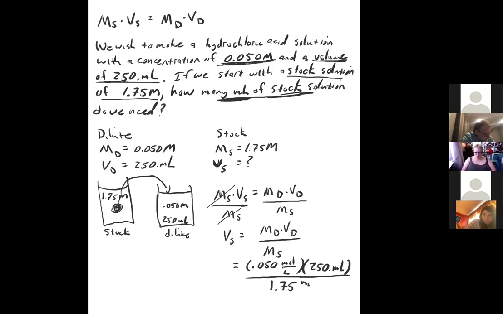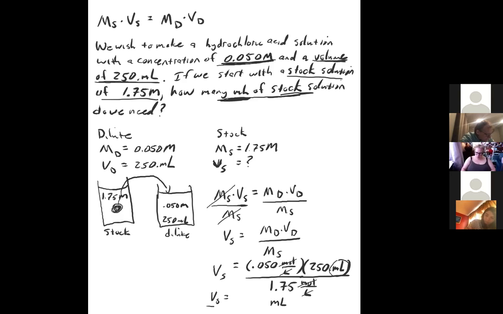So let's go through our dimensional analysis. Moles divided by moles is 1, right? One's in the numerator, one's in the denominator, so they cancel. 1 over liters divided by 1 over liters cancels. So that means that when you do this calculation, the volume of the stock is going to be in milliliters.